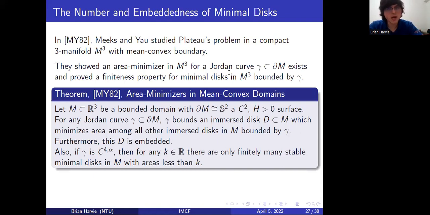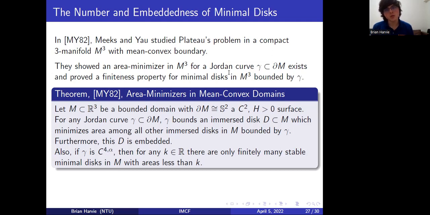If you consider a bounded domain in R, so their theorem applies in much more general circumstances than just domains in R3, but I'm modifying it just for a mean convex domain in R3. Let's say that you have a mean convex domain in R3, and you consider a Jordan curve gamma that lies on the boundary of that domain.